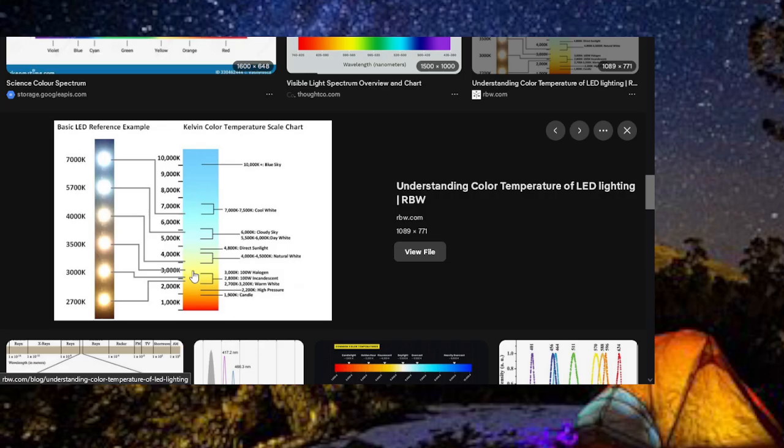The temperature goes up with the blue light. 2,000 degrees Kelvin. Wait, it's like 3,000. Well, this one is 1900. 2,000 degrees Kelvin. Then you have to figure out the noise. Let's see.